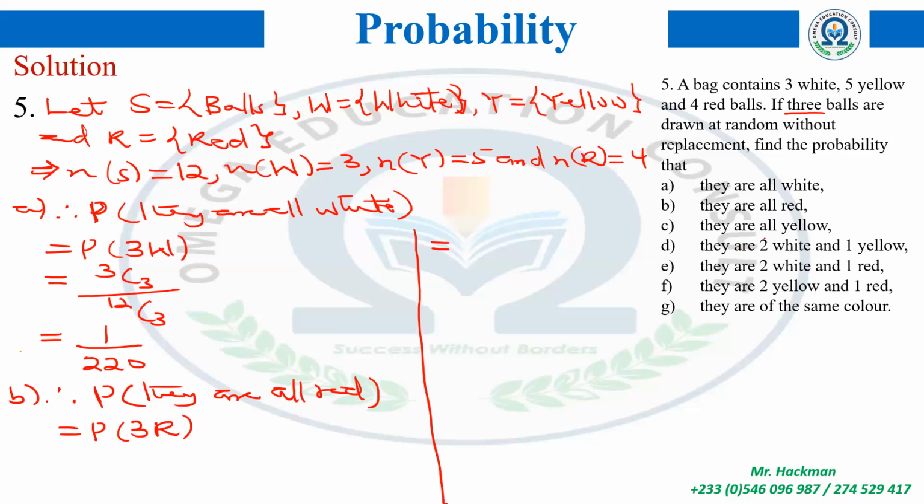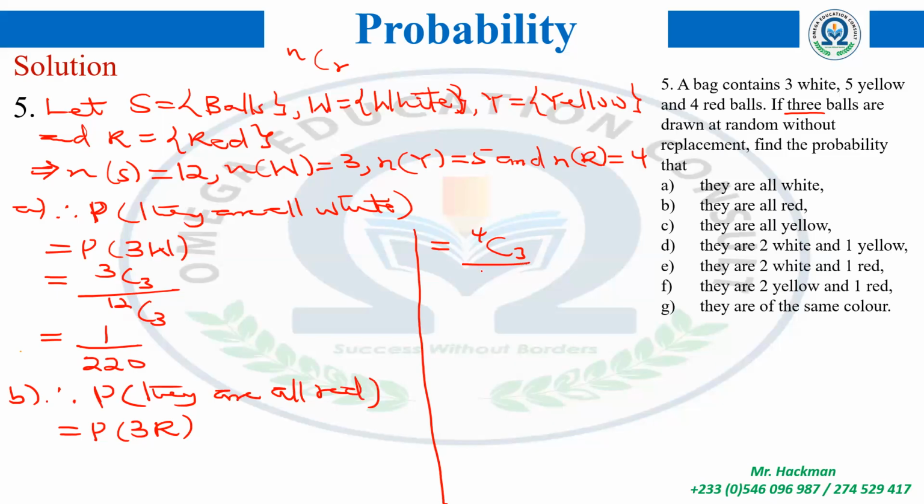No. Anytime you are writing combination, take note, it is always N combination R. Your N is the total number of items that you are selecting from, and your R is the number that you are selecting. So here, the red, how many do you have? 4. Selecting means choosing 3. Perfect. Once you understand, the combination shouldn't be a problem at all.